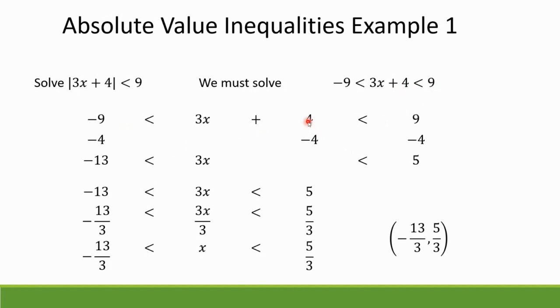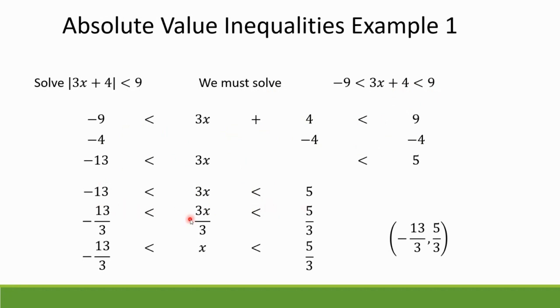Okay, how do we do that? Well, let's subtract 4 from both sides. We get -13 less than 3x less than 5. From here, we want x all alone, not 3x, so we divide by 3.